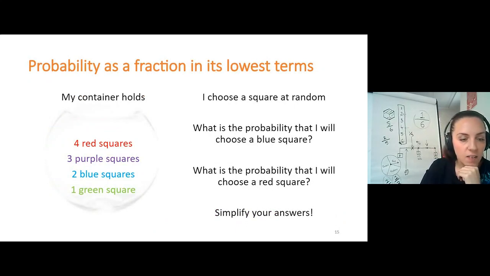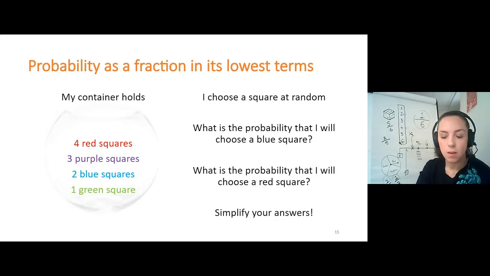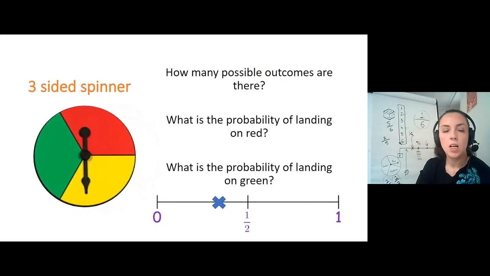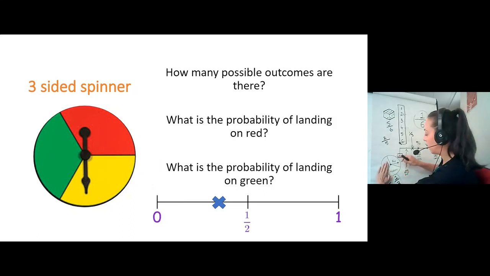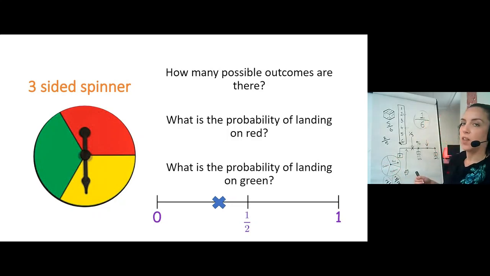So the probability of not landing on a green on the scale would be, so let me go back. So the probability of not landing on a green. We've said the probability of not landing on a green would be 2 out of 3, because not green, you're left with 2 options, and that was 2 out of 3. So if you look on the scale, I'll do it on this one because it's not on that one there.